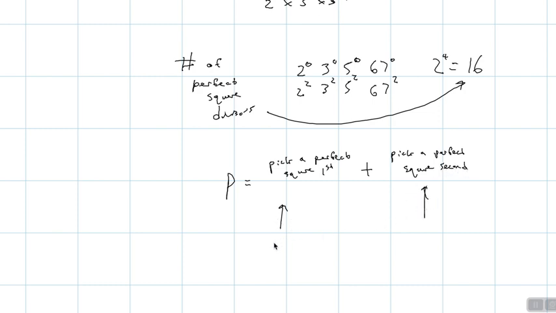If you pick a perfect square first, there are 16 of those perfect square divisors and 81 total divisors.